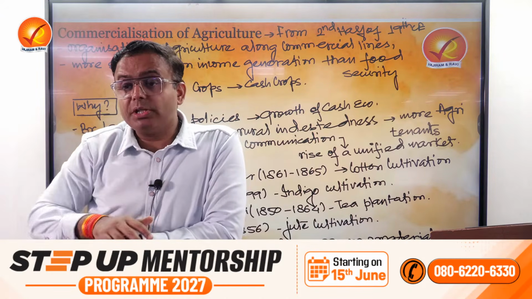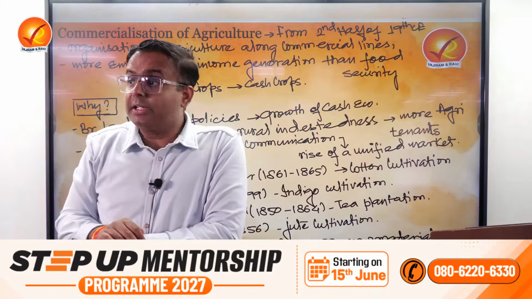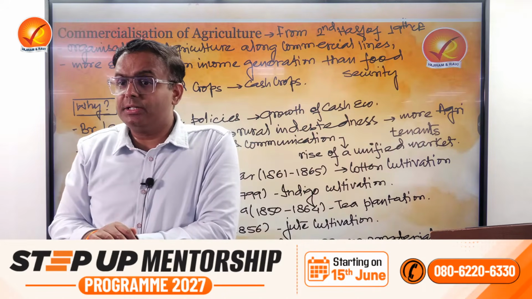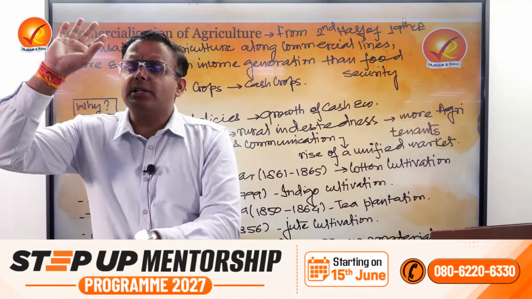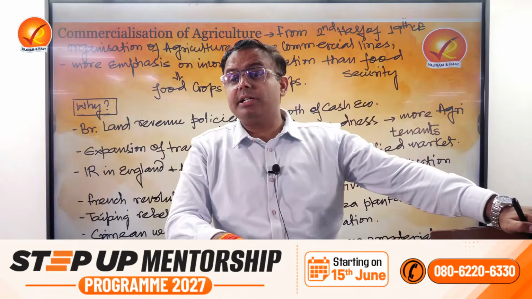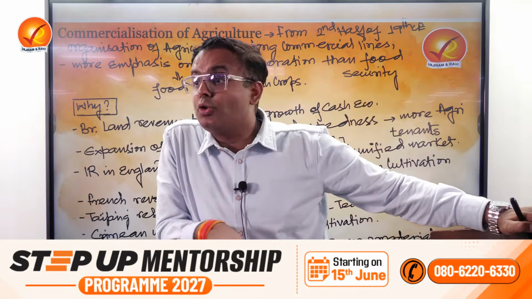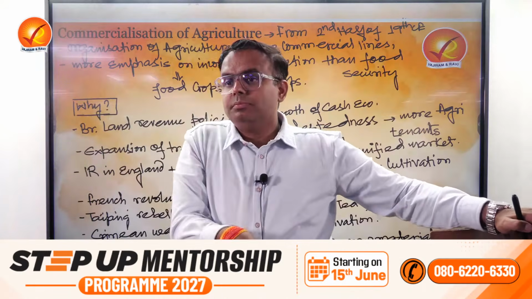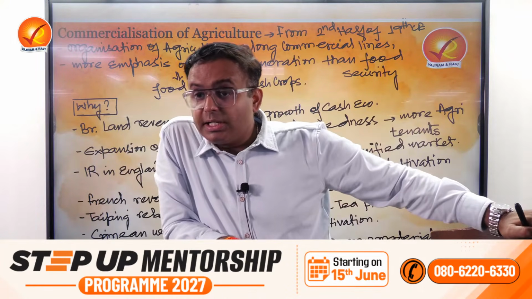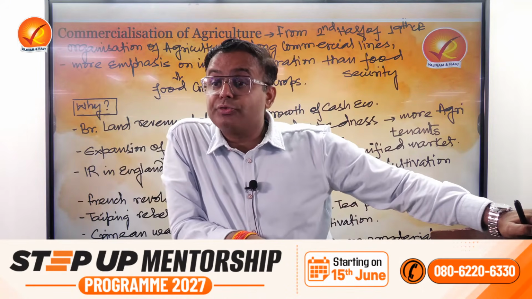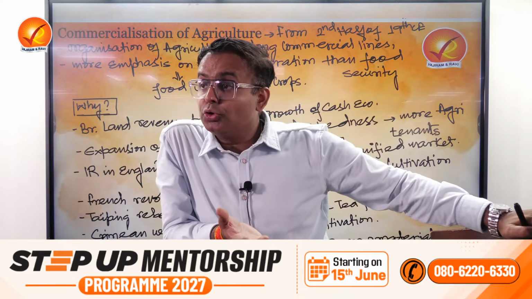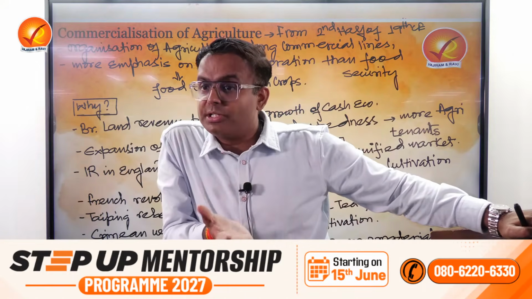So now if the question arises, what are the factors which led to commercialization of agriculture? तो आप कहोगे सबसे पहले कि सर, commercialization of agriculture was facilitated by the British land revenue policies leading to the growth of cash economy in villages. Second, you will say that it was facilitated by the growth of modern transport and communication system.